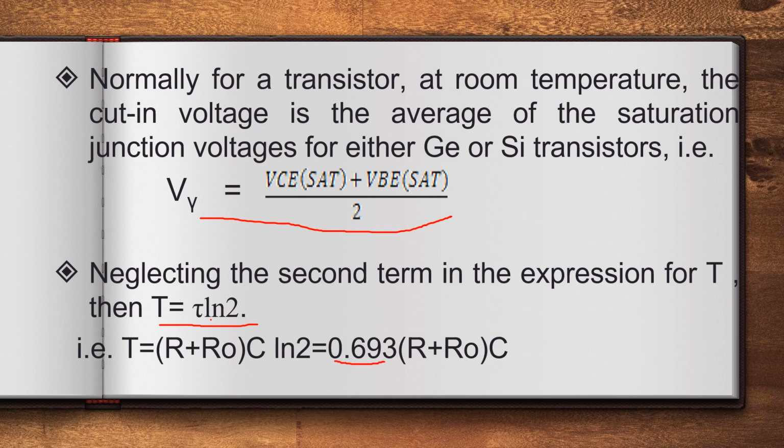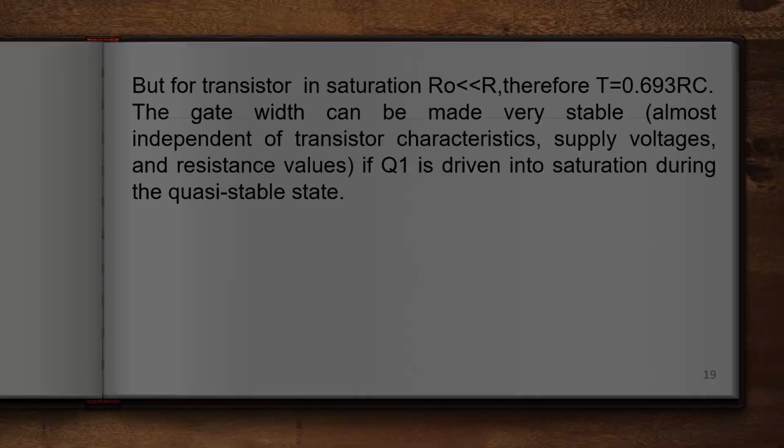Tau equals R plus R naught into C, where R naught is the output resistance of transistor Q1. The conducting resistance is very small compared to R, so R plus R naught will be taken as R only. So finally T equals 0.693 RC, the width of the quasi-stable state.